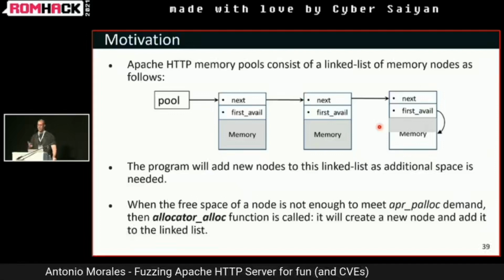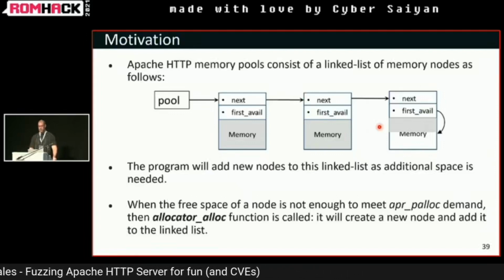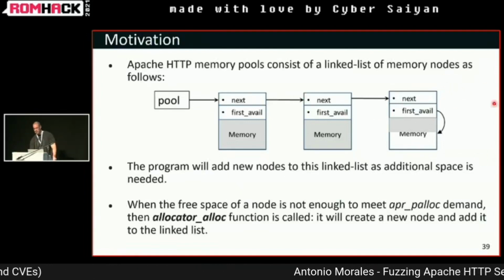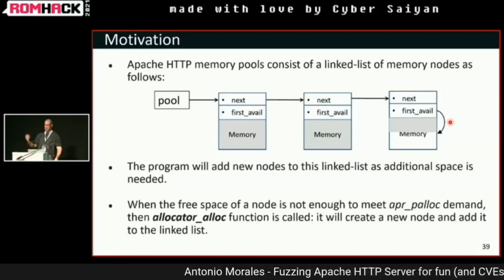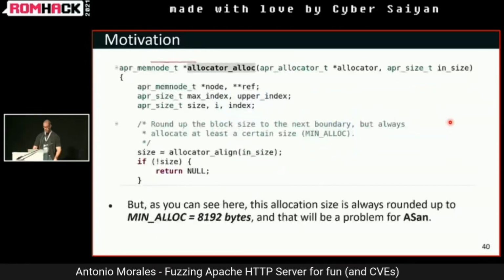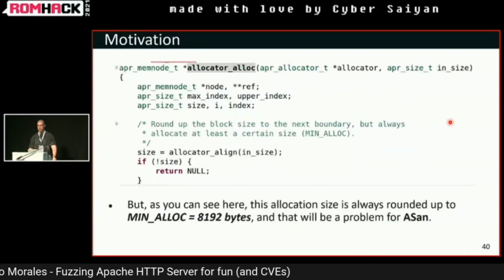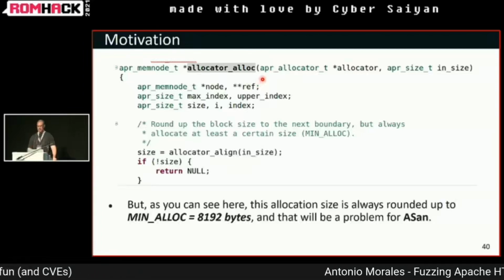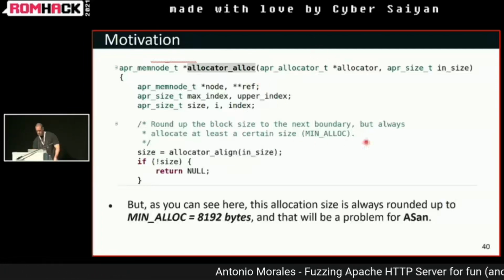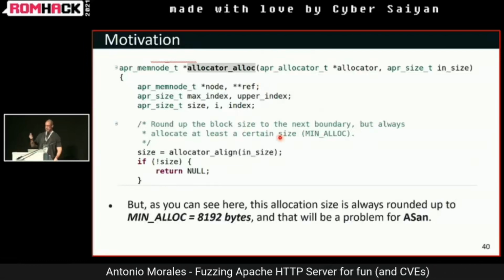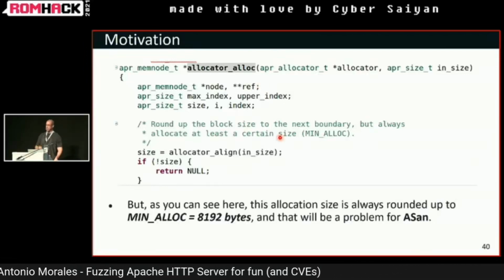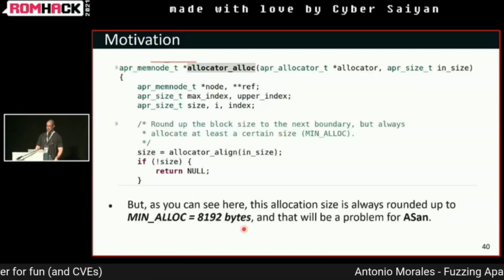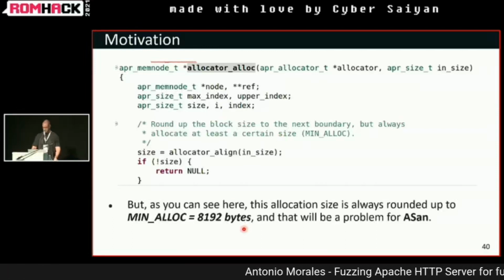Then, when more space is needed, the program will add a new node at the end of the list. So if we don't have memory, obviously we need to add a new node to the linked list. And this is the code of the allocator_alloc function. The thing is that this function, as you can see in this comment, rounds up the minimum size to 8,192 bytes. And of course, this will be a problem for AddressSanitizer.